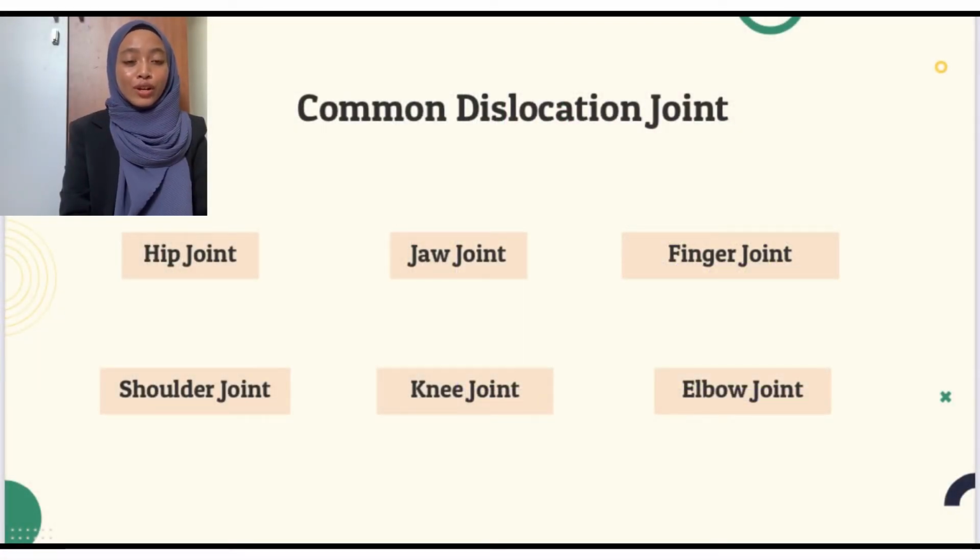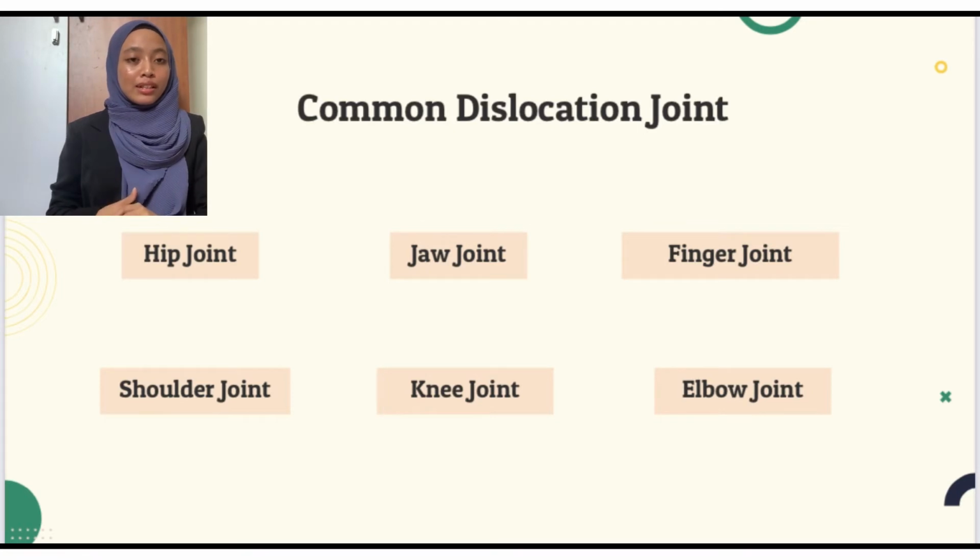In this video, I'm going to talk about the common parts of dislocation and also the signs and symptoms of dislocation. There are 6 common parts of dislocation injury, which are shoulder, hip, knee, elbow, fingers, and also hip.